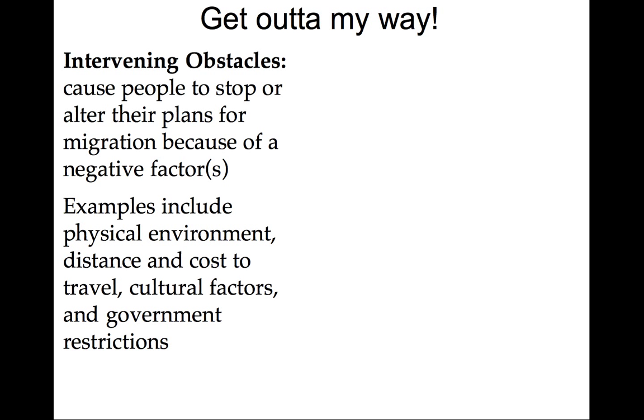Some examples include the physical environment, the actual distance and the cost it takes to travel from point A to point B, cultural factors. So if you are going to be moving to a different country, some things that people do consider is language and culture. And are there going to be people in that new country that share the same culture as you, speak the same language, and so on and so forth. And also government restrictions, such as government quotas, allowing a certain amount of people from a particular country to enter into a country.